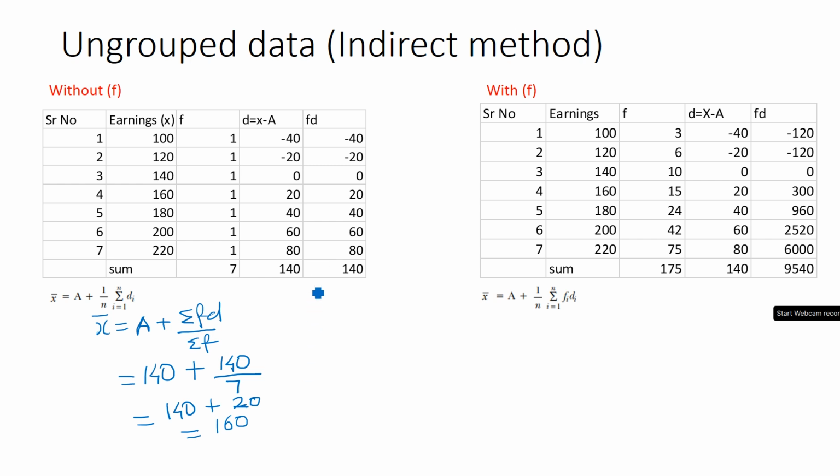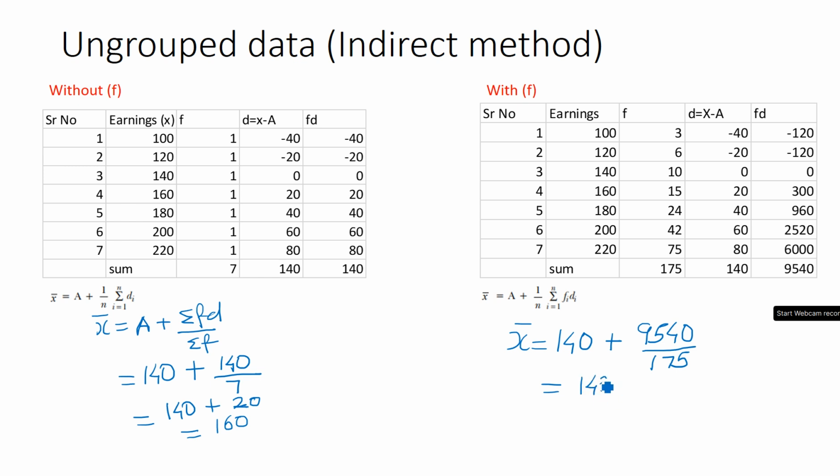If you notice, this was the actual mean that we calculated using the direct method. Let's come to the right hand side with frequency. So here you have x bar is equal to a, again 140, plus summation fd is 9540 divided by, rather than 7 observations, I have 175 observations.